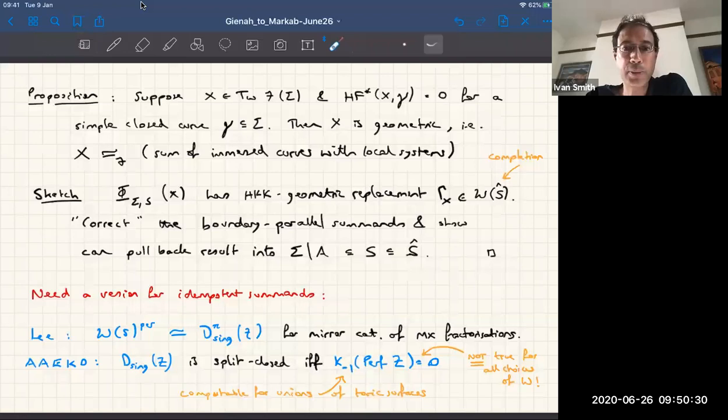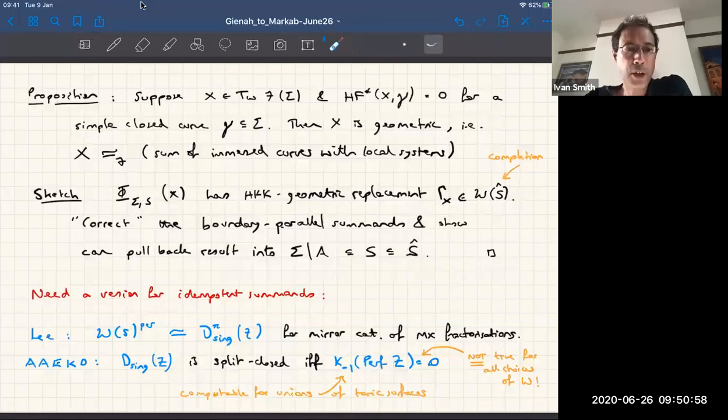This turns out to be true if and only if the first negative K-theory of the category of perfect complexes on your singular algebraic variety Z vanishes. And K-1 is something that one can actually compute for unions of toric surfaces because it has reasonable Mayer-Vietoris type sequences.